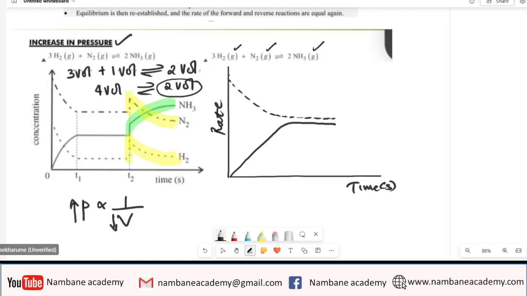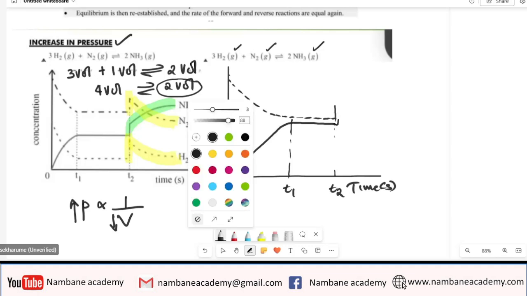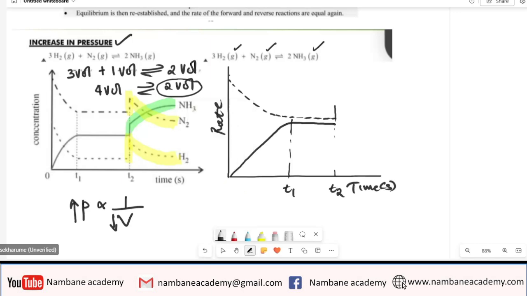So I must have T1, and this will be T2. There's an increase for both the forward and the reverse. The other one is a broken line. So it must be an increase for both the forward and also the reverse.